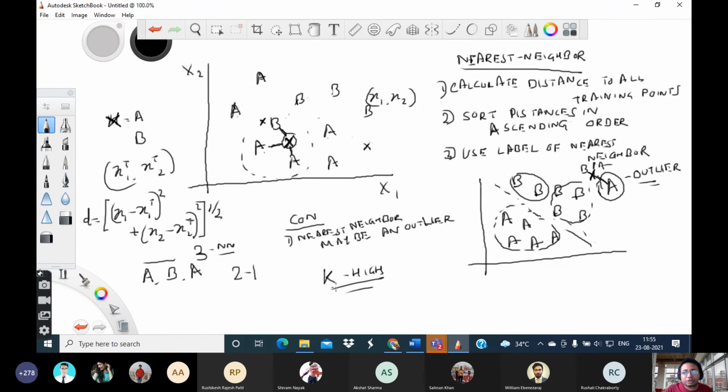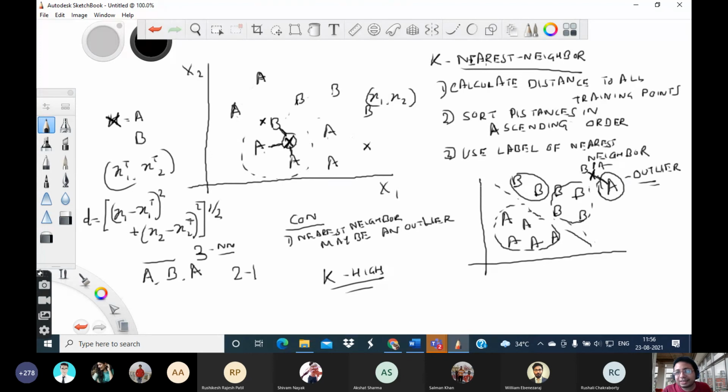Then out of all these points, I can take the majority vote, and whichever class gets the highest number of votes, I classify accordingly. Yes, sir, that is the interpretation I take out of your statement. Okay, so what you said right now is basically the k nearest neighbor algorithm.